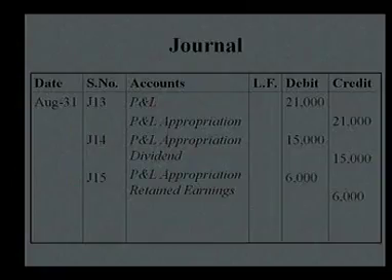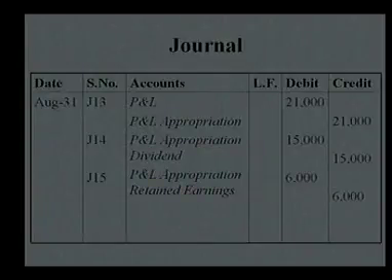But before creating the T account for profit, we need to enter them into the journal. Because remember, journal is the first entry record. So you will find journal entry has been made as of August 31st, profit and loss appropriation, then dividend and retained earning.